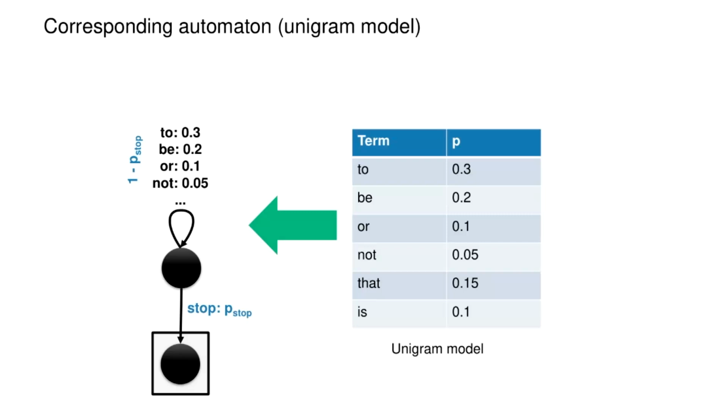And typically when you draw the automaton, in fact, you might renormalize a little bit by actually multiplying all of the weights with 1 minus p stop, and then stop is p stop. And that way it sums up to 1. All the transitions from the automaton sum up to 1.